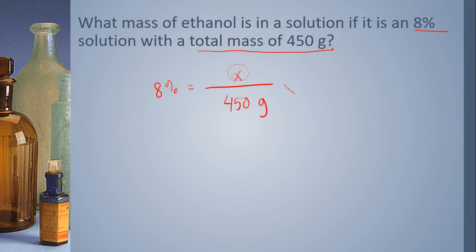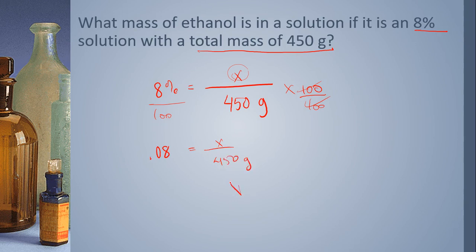So if you do this, most students will mess this up because they'll forget about the 100. So in order to start the problem, the first thing that you're going to have to do is divide both sides by 100 in order to get rid of it on this side. So when you do that, obviously, then that will become 0.08 equals x over 450 grams.